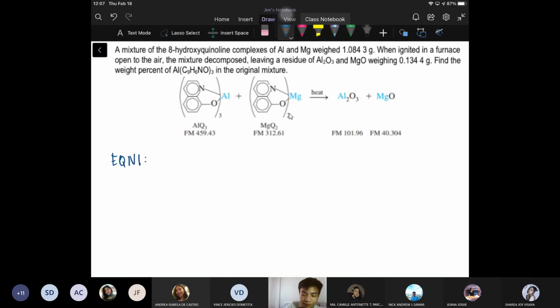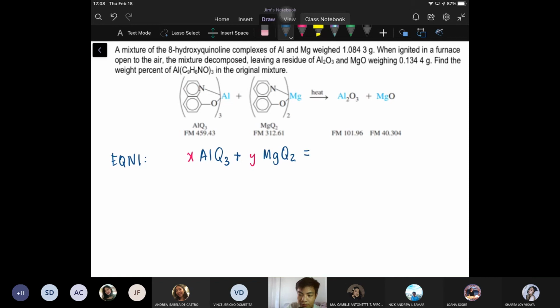So, ibig sabihin nun, alam ba natin yung mass nila? Hindi, no? So, we have X grams of aluminum hydroxyquinoline, AlQ3 ang abbreviation niya, plus Y grams of magnesium hydroxyquinoline.